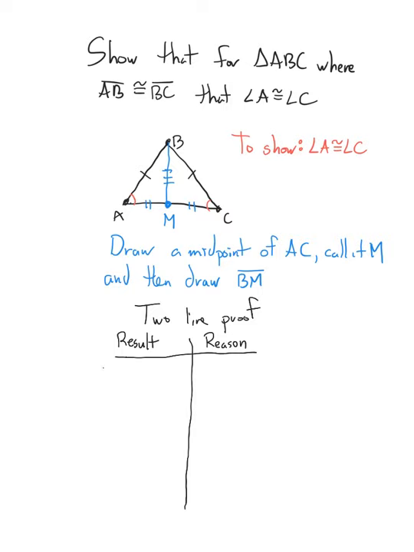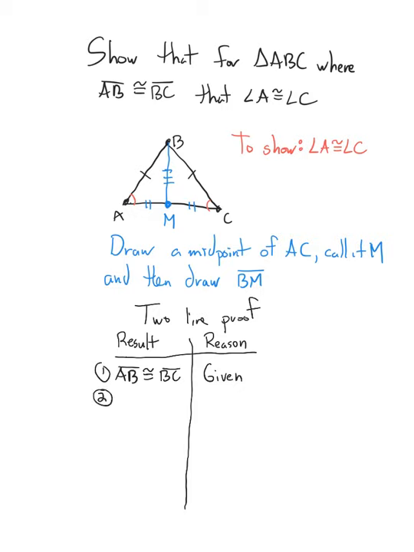We know the first one, we're given that line segments AB and BC are congruent. And how do we do that? We know that because we're given that in the question. So we can just write the word given, and that's what that means. The second thing we know, well, M was a midpoint.